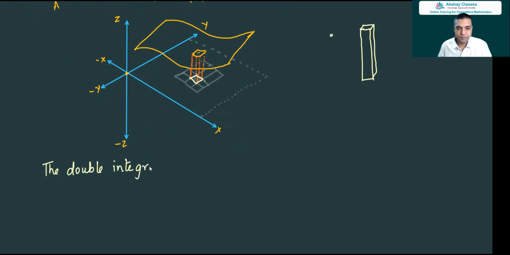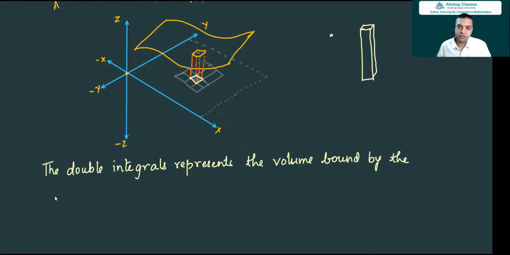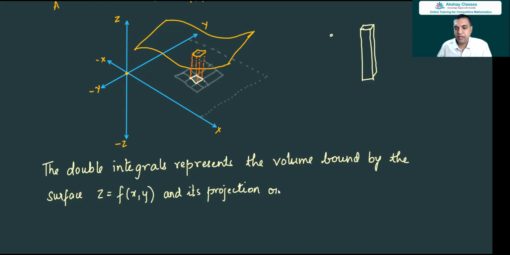The double integral represents the volume bound by the surface z equal to f of x comma y and its projection over the xy plane.